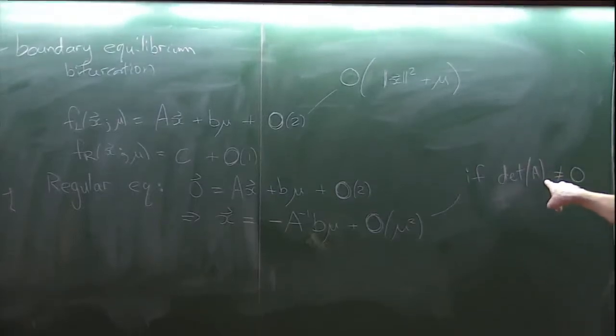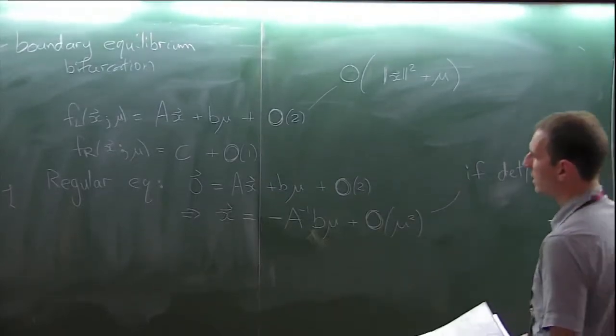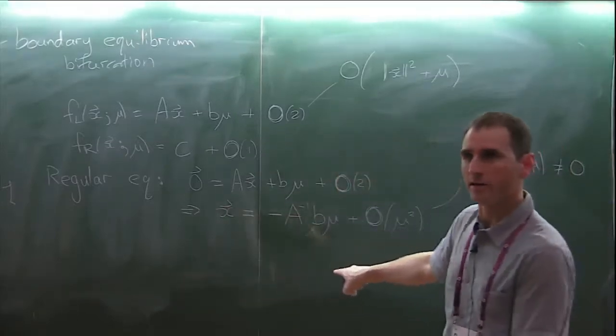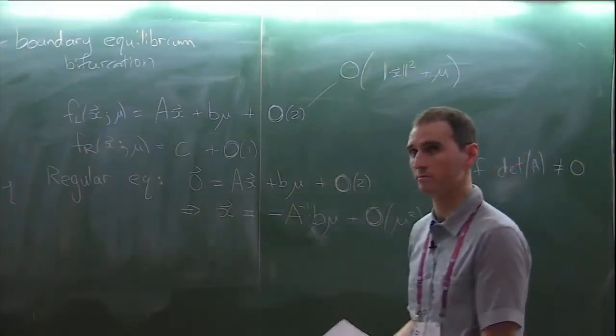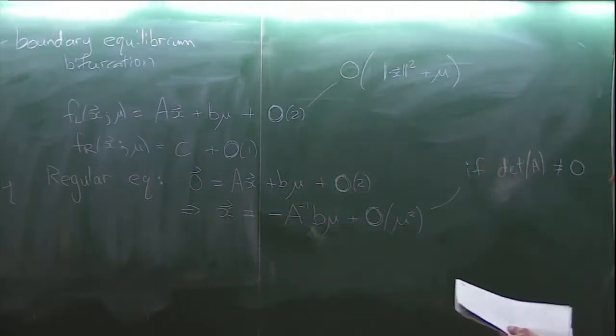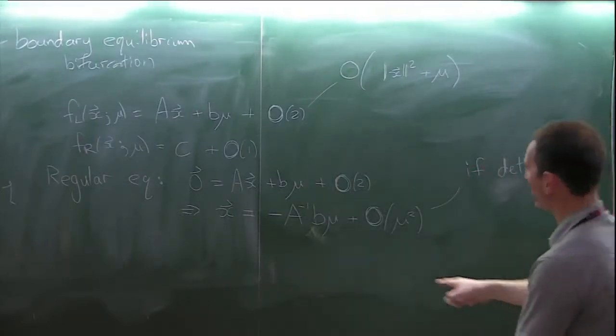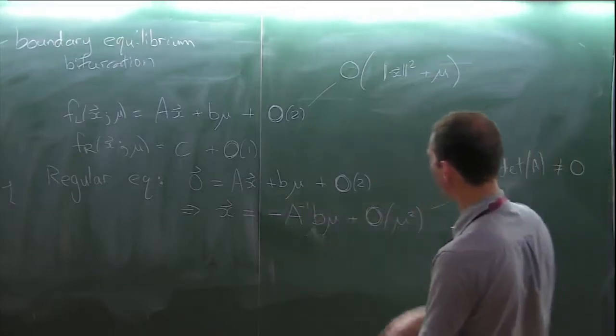So I need to assume that A is invertible. And with that assumption, we get a unique regular equilibrium locally.